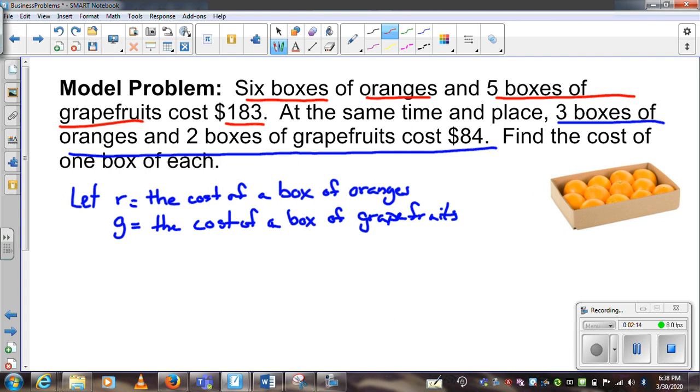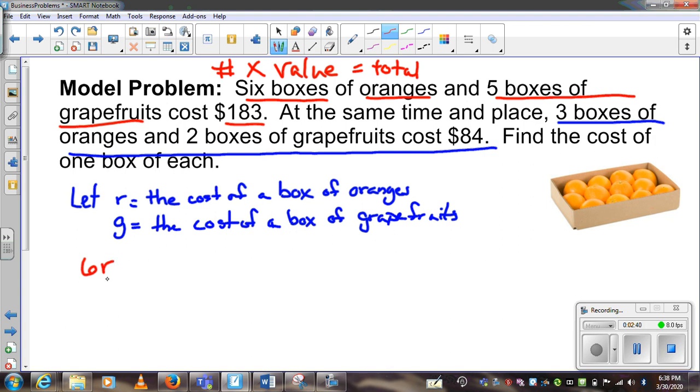So we have 6 boxes of oranges and 5 boxes of grapefruits. This goes back to the concept of number times value equals total, just like a coin question. So we have 6 boxes of oranges, that's 6 boxes times the cost of a box.